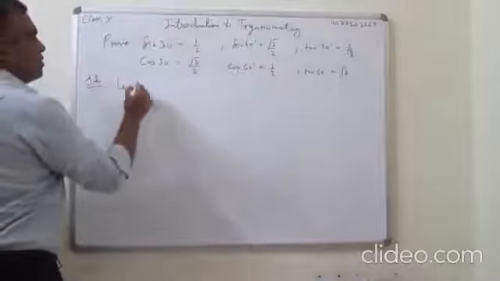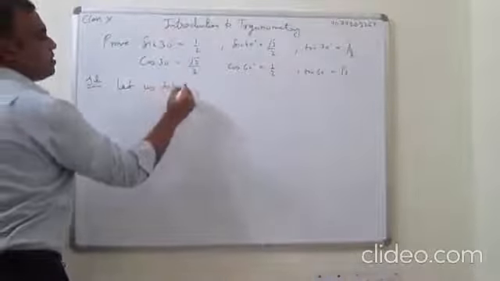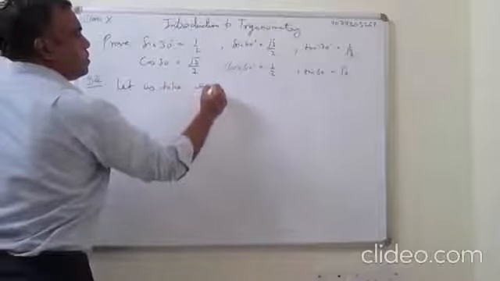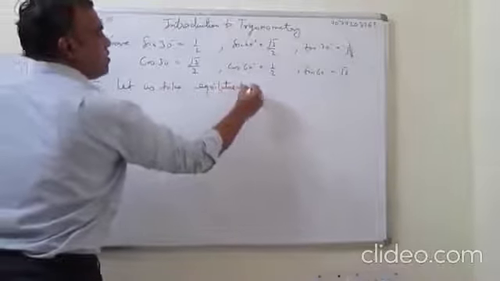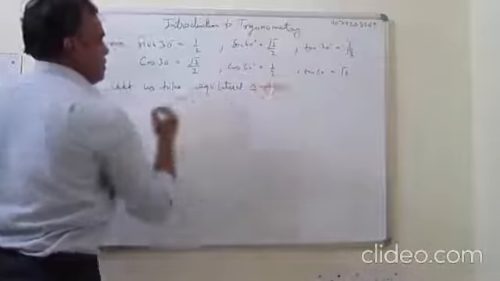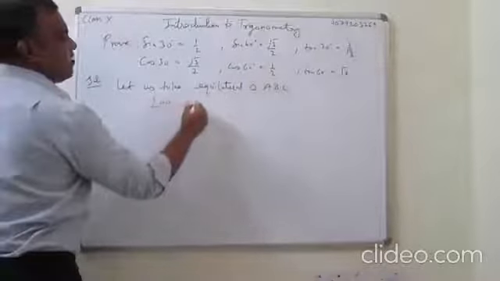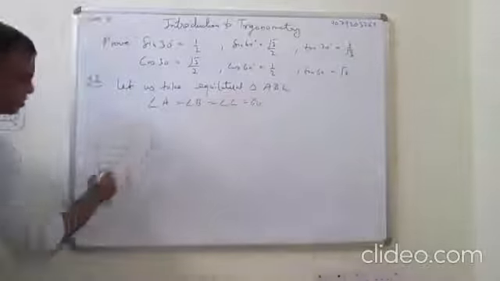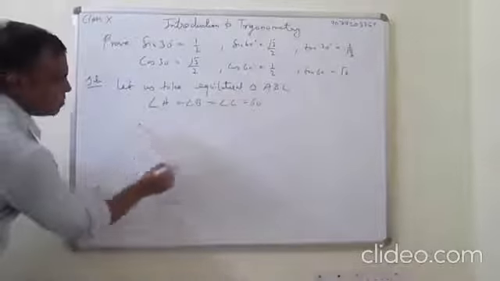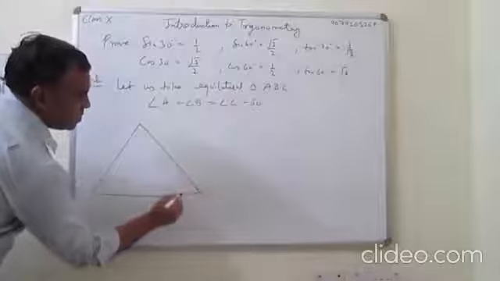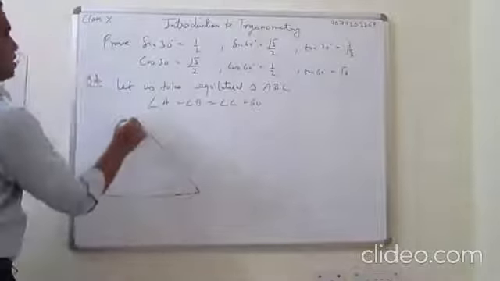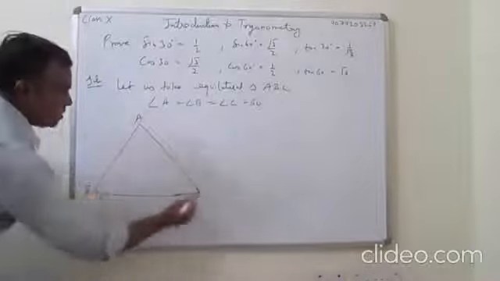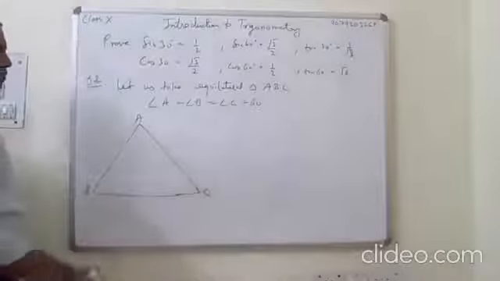Let us take an equilateral triangle ABC, that is angle A, angle B, angle C is equal to 60 degree. Draw. ABC is an equilateral triangle.